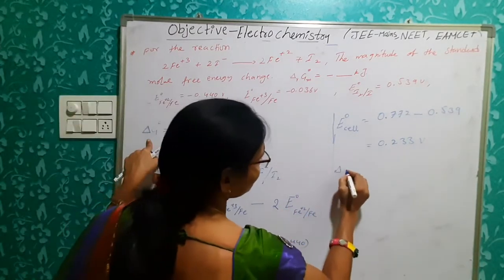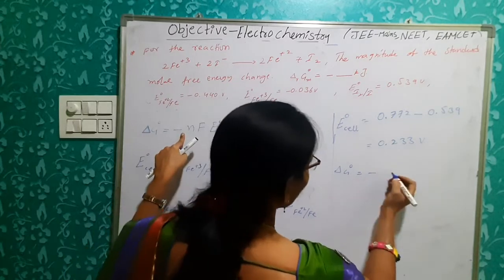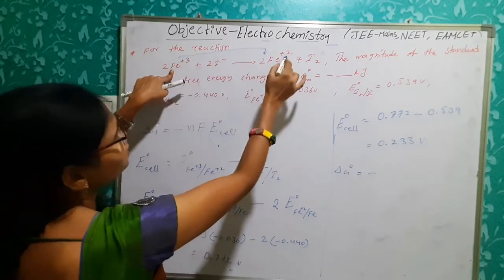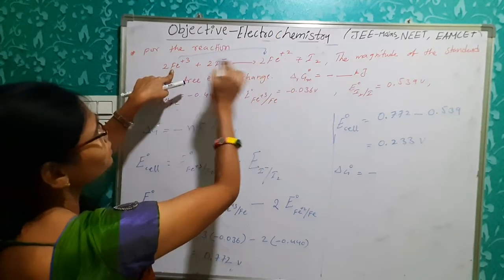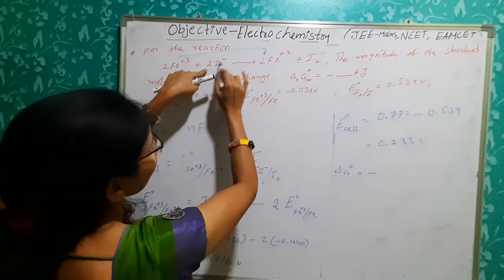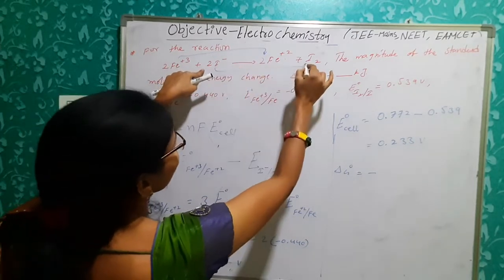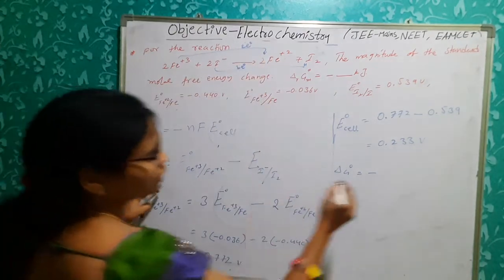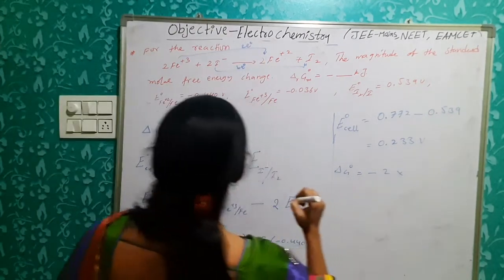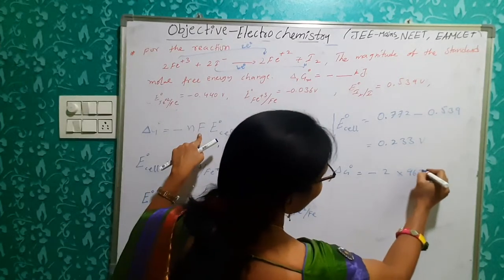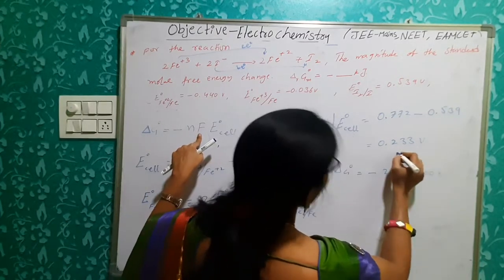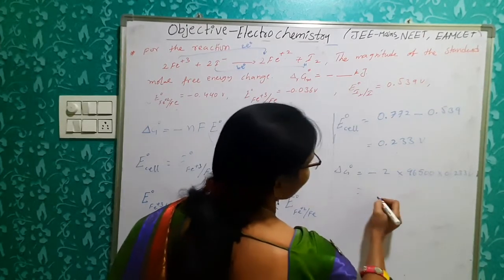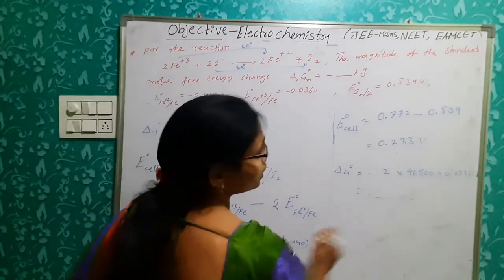Now ΔG°: how many electrons? 2 moles of iodide, so 2 electrons are the difference. So take 2 into the Faraday value 96,500 coulombs, then the E° value 0.233 volts. Then simplifying we will get the answer.